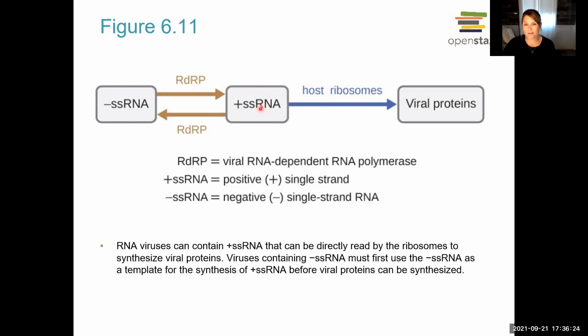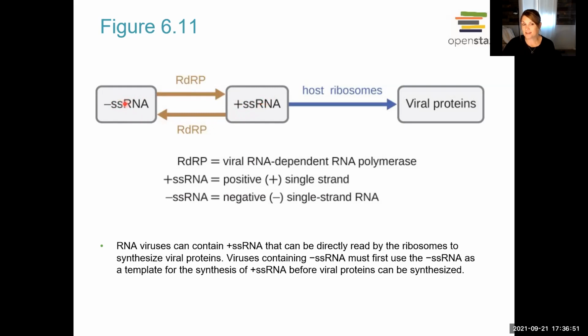The virus has two jobs. It has to make proteins by translation, but it also has to make more of its genome. And to make more of its genome, it has to be replicated to this and then re-replicated to that. So to make more of yourself, you have to replicate to the antisense, and then re-replicate to the sense.